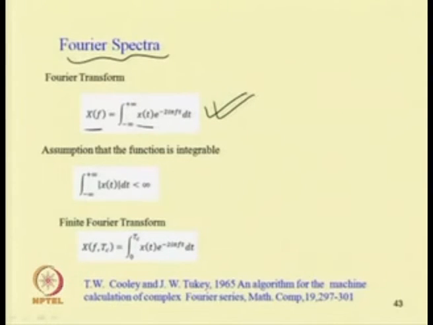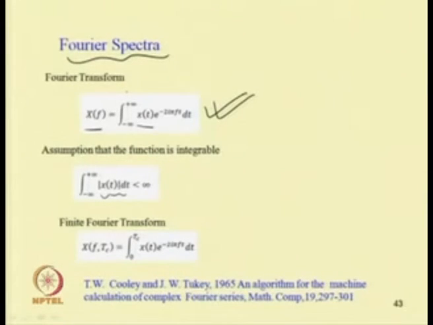As the negative frequency has no meaning, one can take only the positive side. Here we are assuming that the function should be integrable. If it is not integrable then one cannot use this Fourier transform to find the spectra of the system.